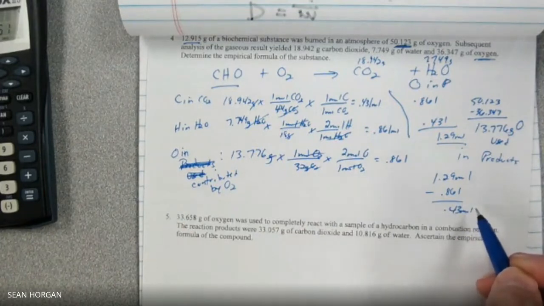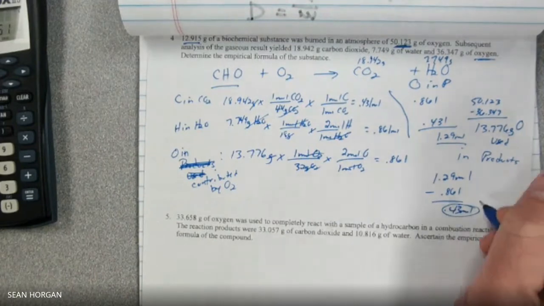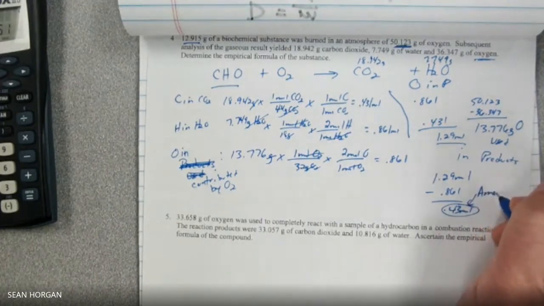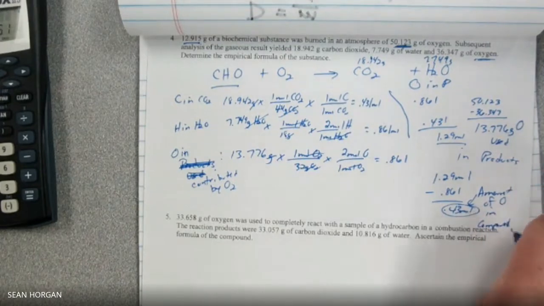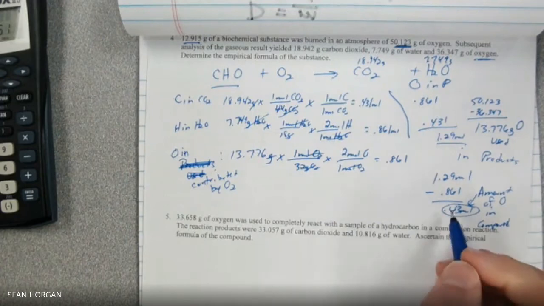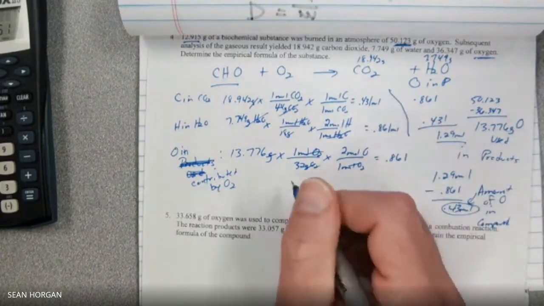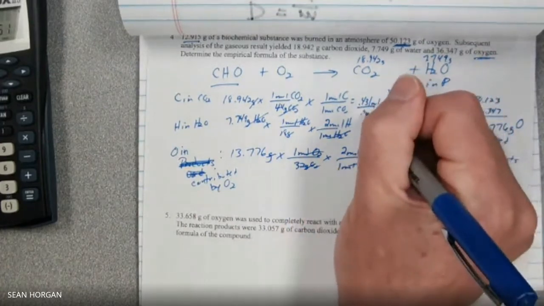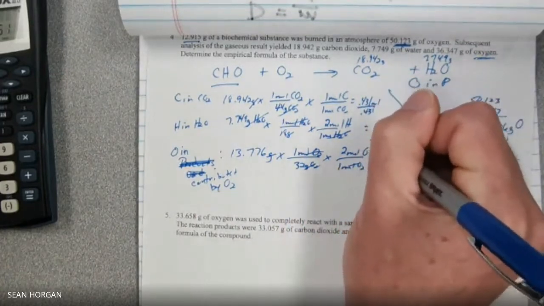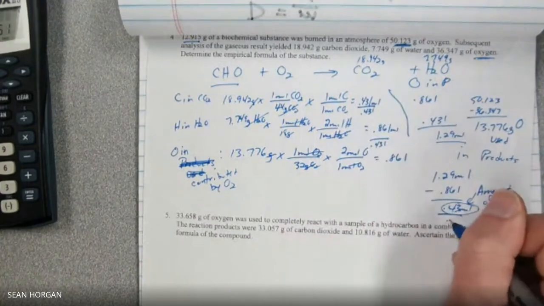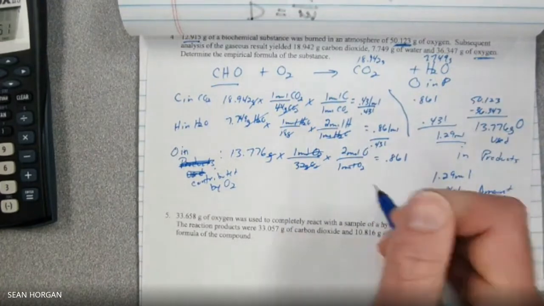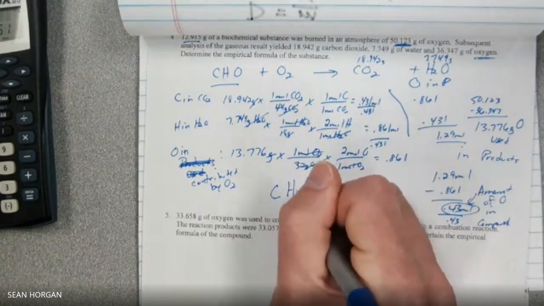That's the best way to say it. Okay, so this is the amount of O in the compound. Right? So then we have 0.43, 0.43, 0.861. So I think we end up with this one being divided by 0.431, this one divided by 0.431, and that one divided by 0.431. So we end up with C, H is 2 over min O.